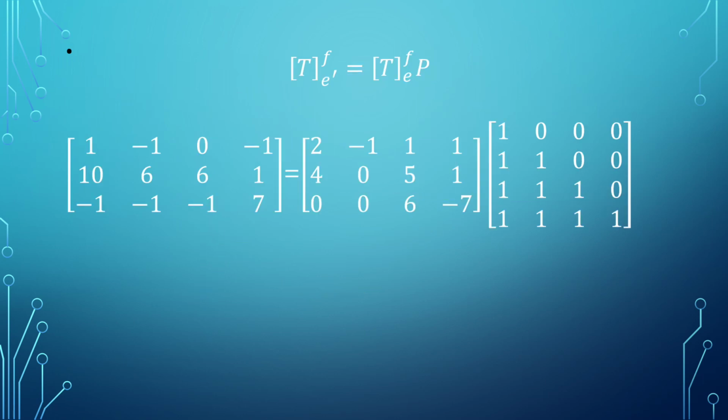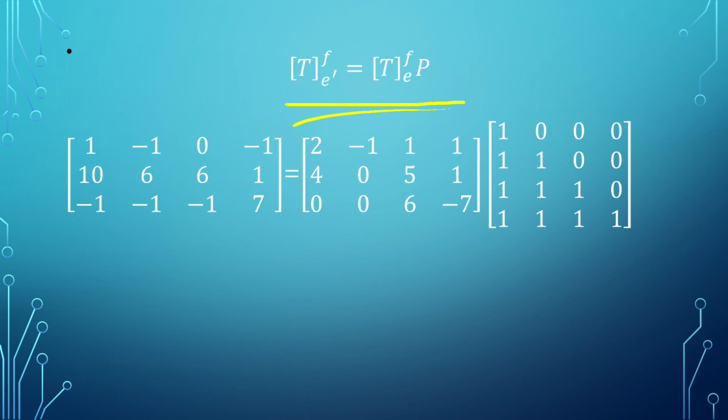Okay. The other relationship is actually this. We want now to have a matrix changing from E bar basis to F. So what is happening here?